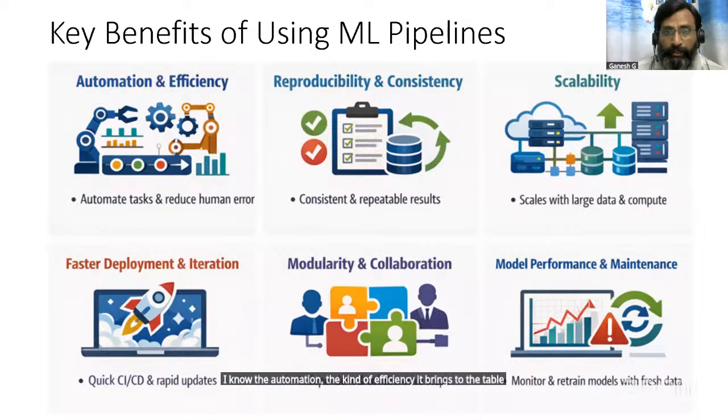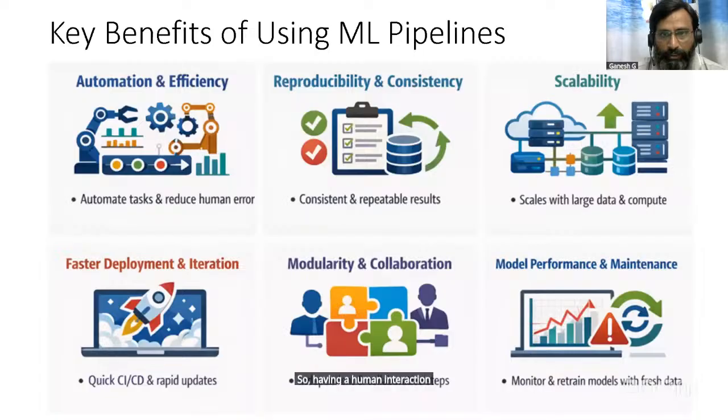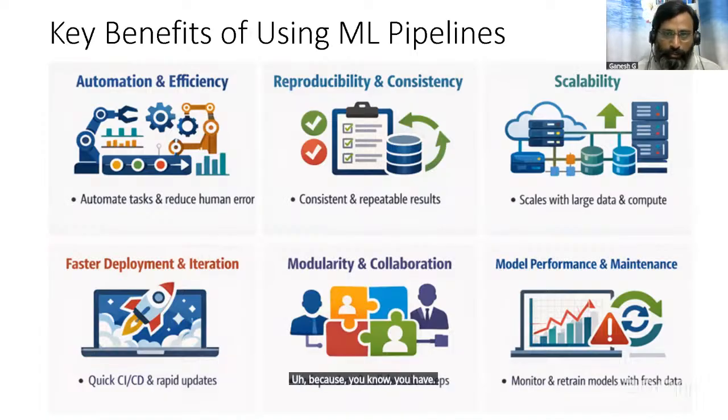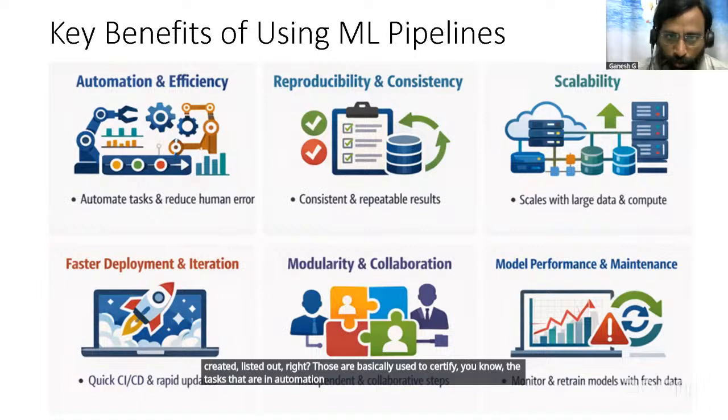Given that it is all machine learning, with a huge amount of data being generated and processed, having human interaction with the data would be catastrophic. So we talk about the reduction of human error due to these machine learning pipelines, because you have certain models which are already created and listed out, which are used to certify the tasks being put into automation.